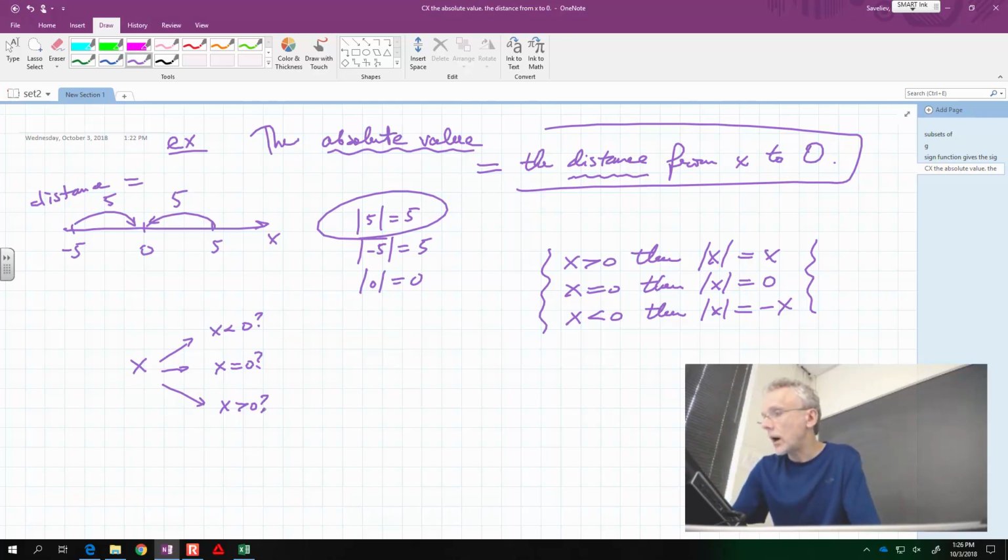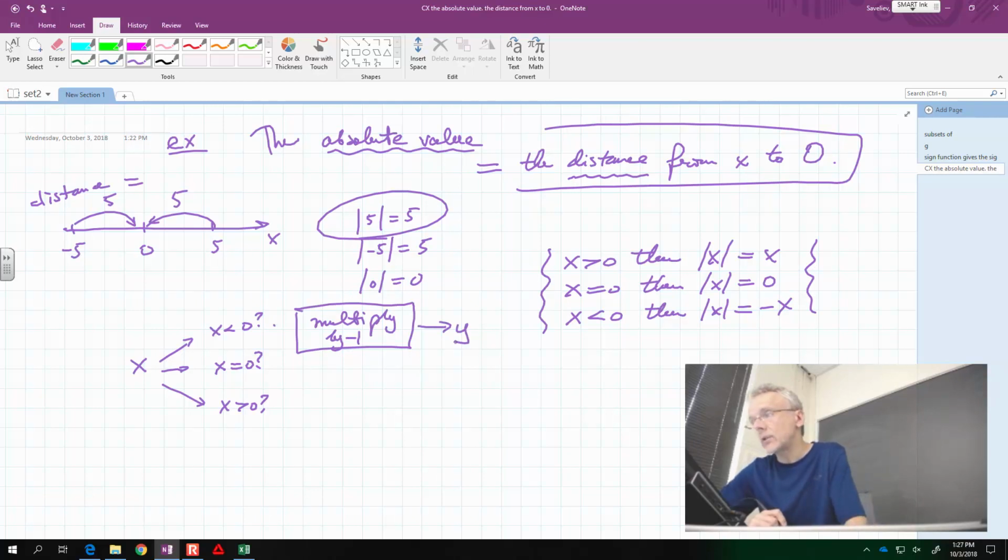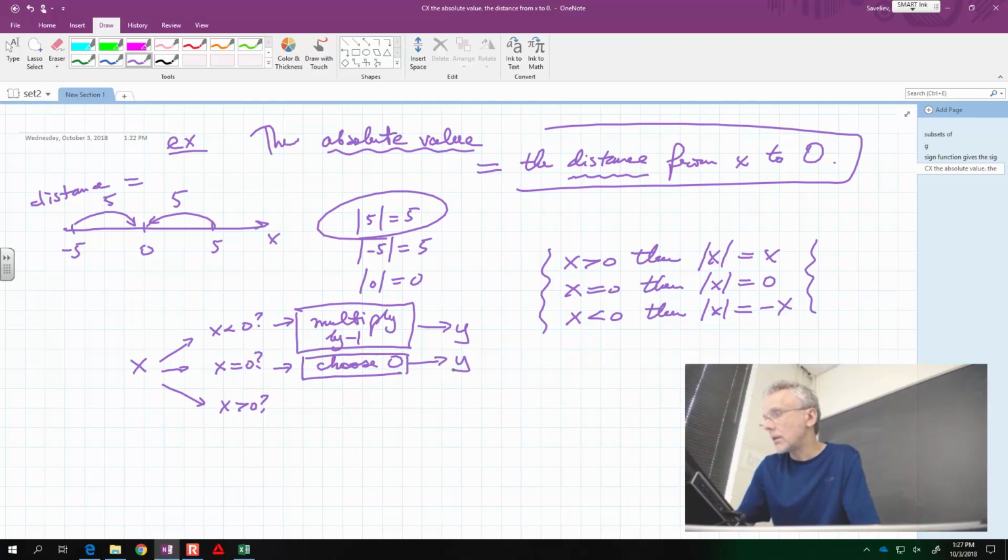So if it is less than 0, multiply by -1. Okay, so that's the step, and whatever comes out is your output. If x is equal to 0, just choose 0. Okay, that's easy. And then in the third case, you just pass it. You don't do anything. And that's your output.